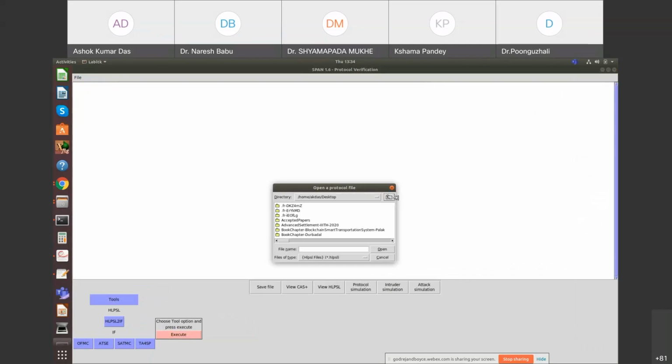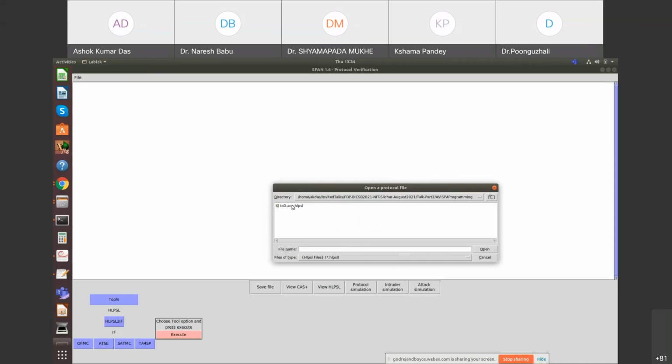So for example, we have here part 2, AVISPA programming, this is the file.